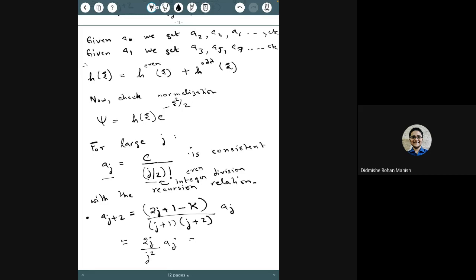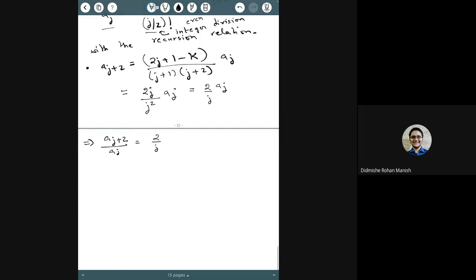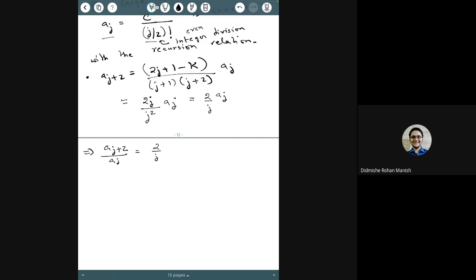That is basically 2 by j a_j, which means that a_{j+2} by a_j is equal to 2 by j. So the gap between subsequent coefficients gets smaller and smaller as j increases.